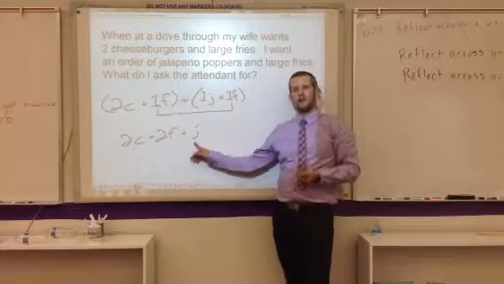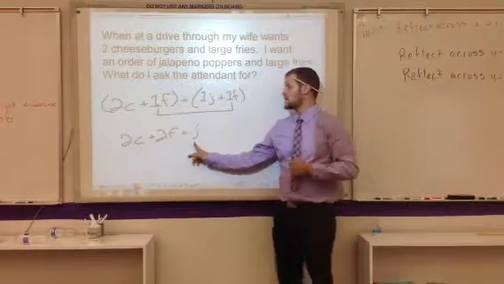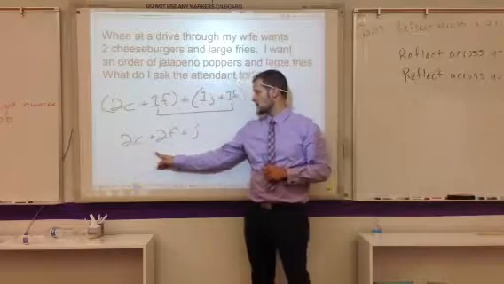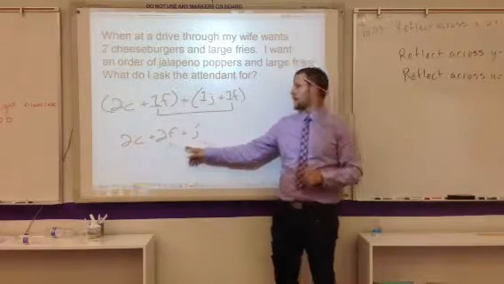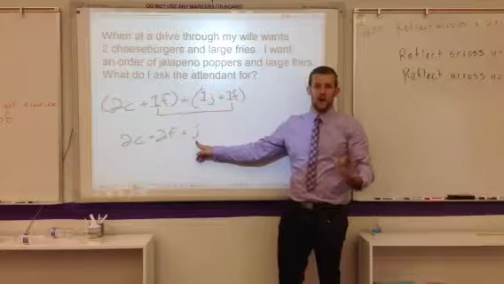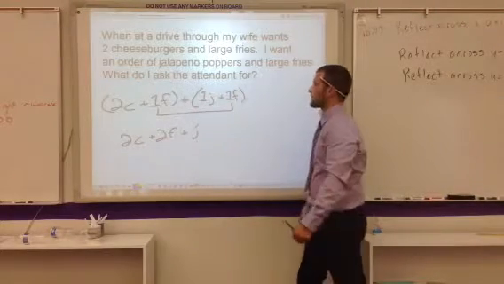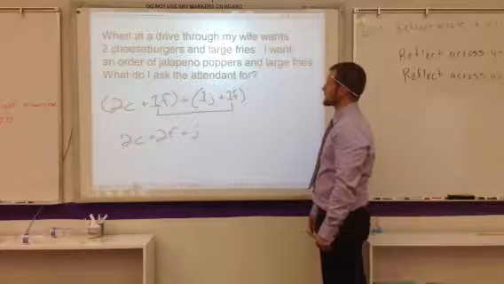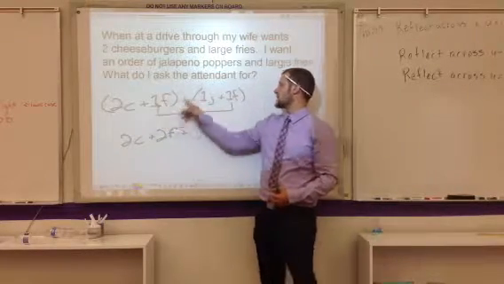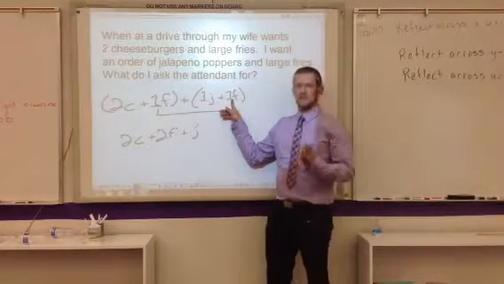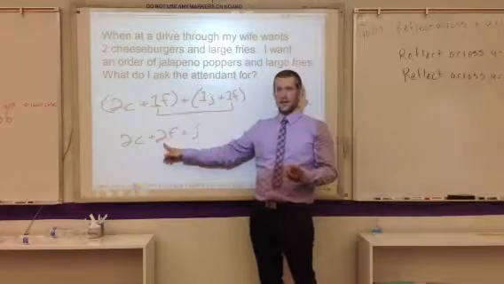But I don't have to tell her I want 1 jalapeno popper. I can just say I want 2 cheeseburgers, 2 large fries, and jalapeno poppers. And she will automatically assume that I'm asking for 1 order of jalapeno poppers. What we've done here is actually combined these like terms, because they're the same thing. They're both fries. Put them together.